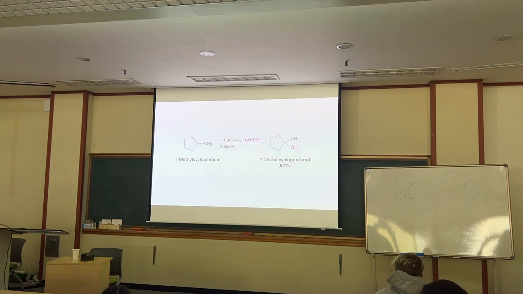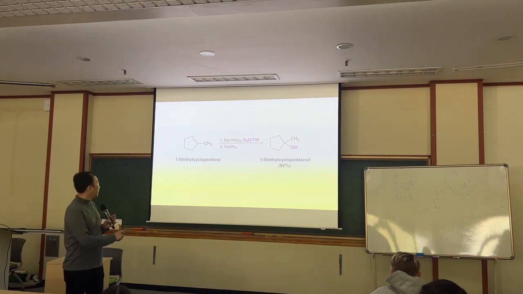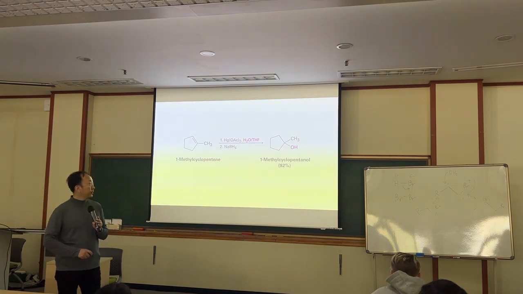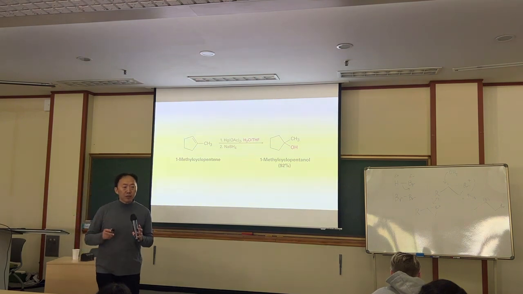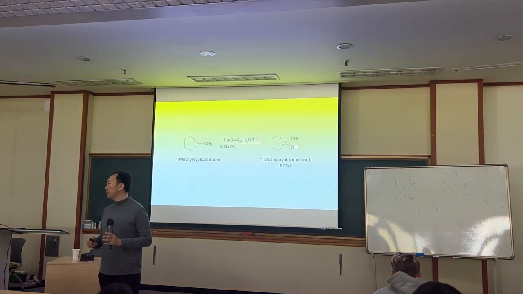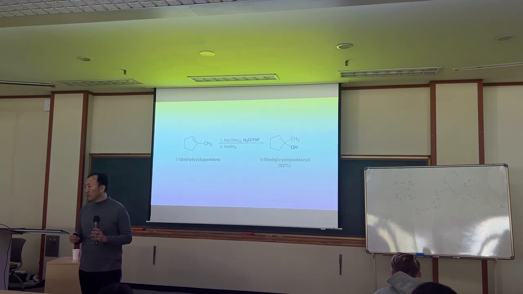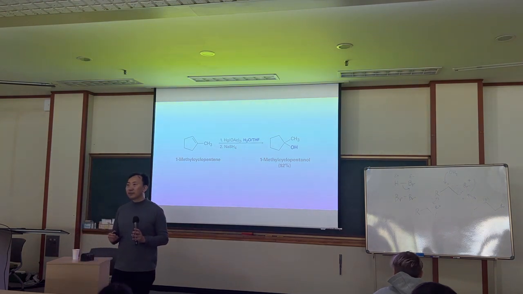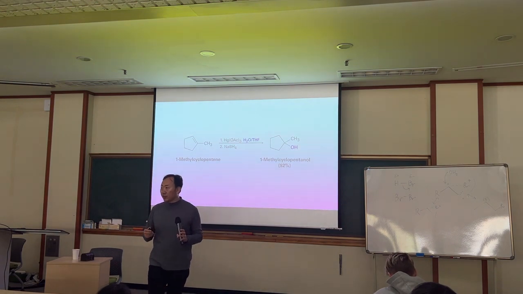Mercury acetate, Hg(OAc)2: acetate is -1, and Hg is +2. Is a metal +2 an acid, base, oxidant, or reductant? If it's a metal itself, it's a reductant.